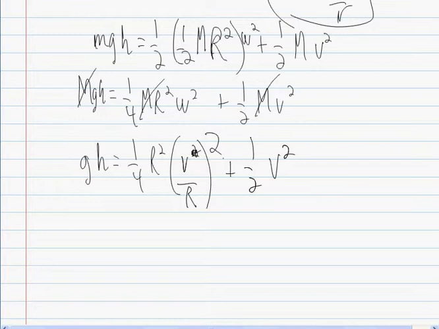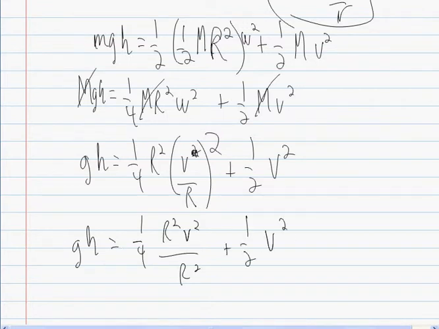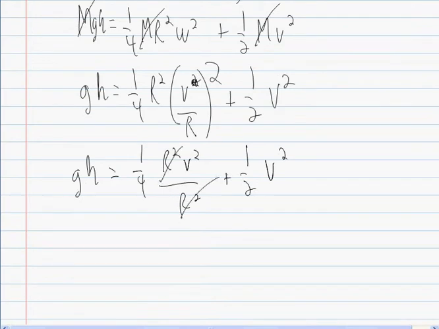So we have 1/4 R squared v squared over R squared. Ooh, gotta love when that happens. Plus 1/2 v squared. Those go away. We have 1/4 v squared plus 1/2 v squared. That'll be 3/4 v squared. And gh. So v is going to be the square root of 4gh over 3.